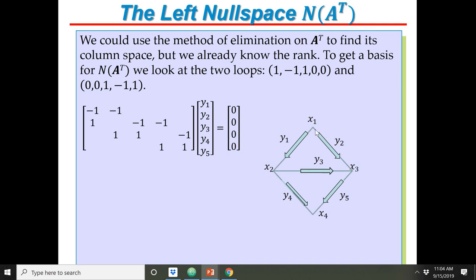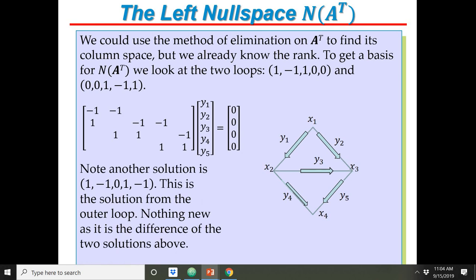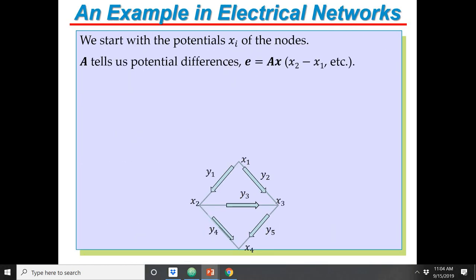So effectively it tells you that the net currents in and out of node 1 are equal to 0. Similarly, the second equation is y1 minus y3 minus y4 equal to 0. And again, it tells you that the current in at node 2 is equal to the current out at node 2.